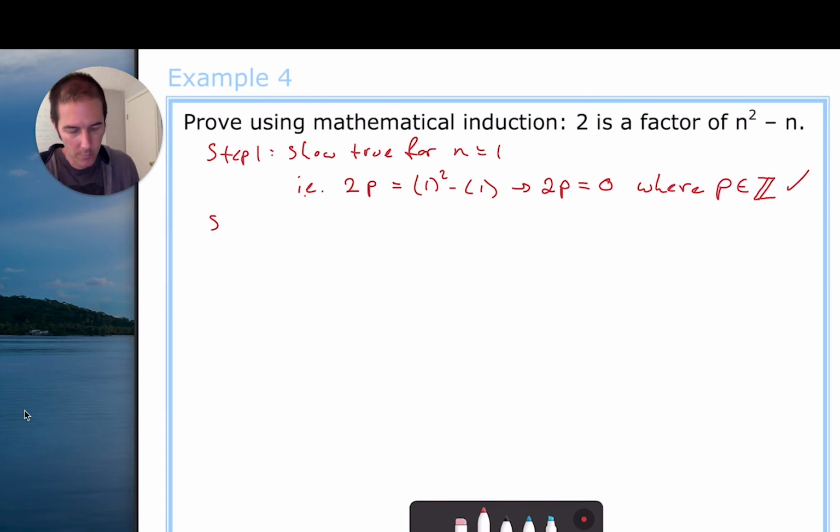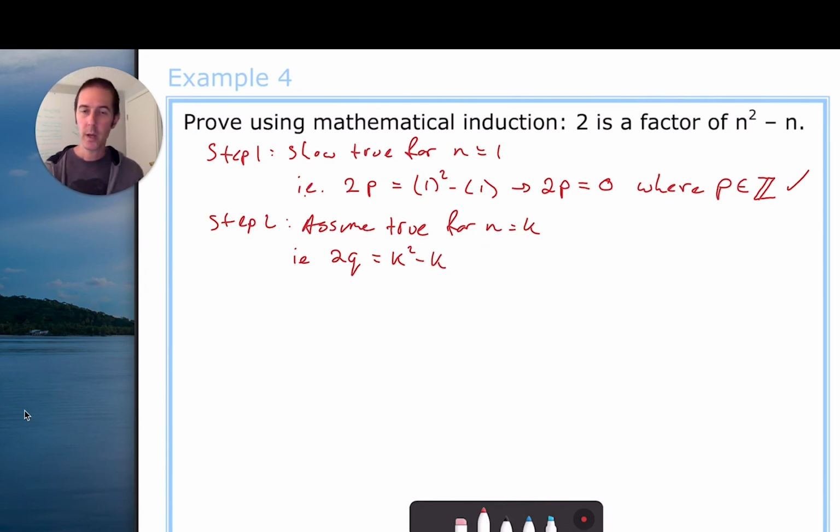Step 2, assume true for n equals k. In other words, 2 times some other integer will equal k squared minus k.